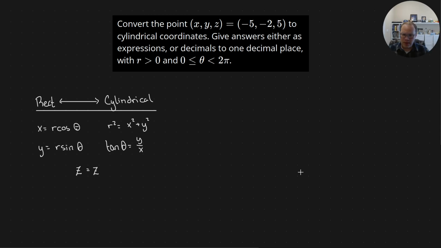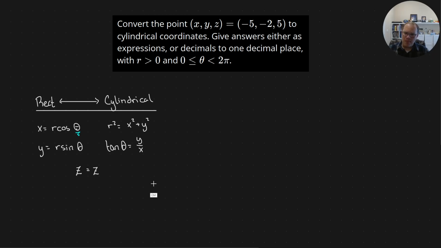Okay. So let's jump to it. Let's start by calculating our r. Now we want to use this formula to calculate r. That's going to be the easiest one because it involves only the rectangular coordinates. There are other formulas with r in it, right? This formula has an r in it, this formula has an r in it, but it also involves a theta.